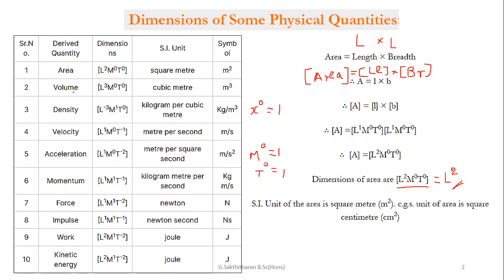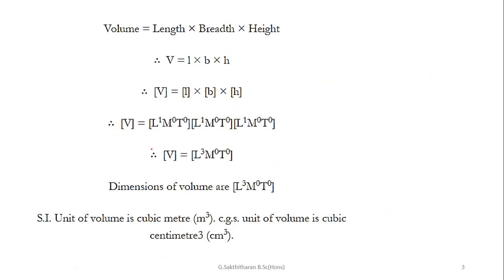Other one is volume. Volume equals area into depth, or length, or something, right? So volume equals length, breadth and height. So these three are lengths. So here also, dimension of the volume equals dimension of length, dimension of breadth, dimension of height.